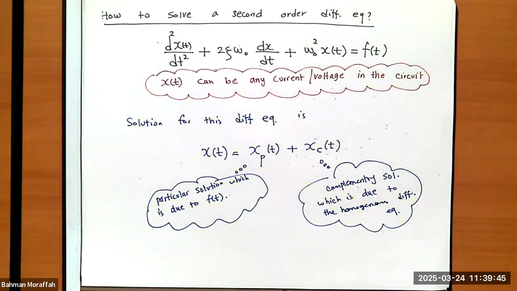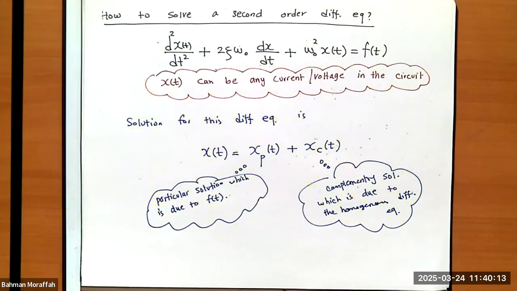Good news is, just like the first order circuits, what we're assuming is that f of t is either constant or a sine wave, which means the circuits that we're dealing with only have constant sources or sine wave sources. Up to this point, we only talked about constant sources. So let's just assume f of t over here is also constant.